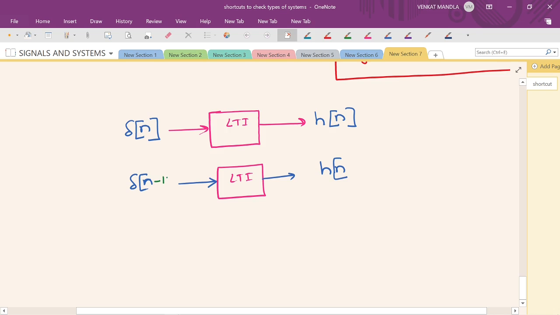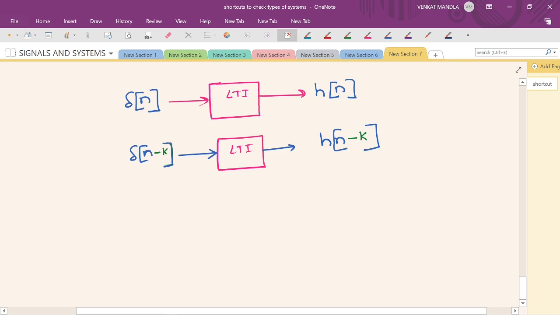I will apply some k units delay. Then the output also must be delayed by the same k, because it is a time invariant system. Whatever delay is applied at the input, the output must be delayed by the same amount, because it is a time invariant system.